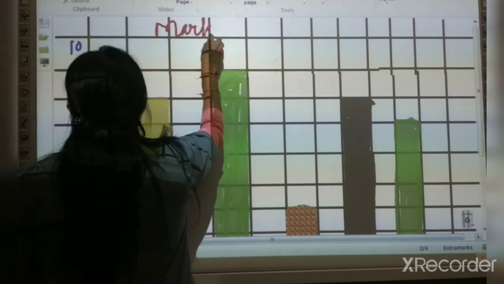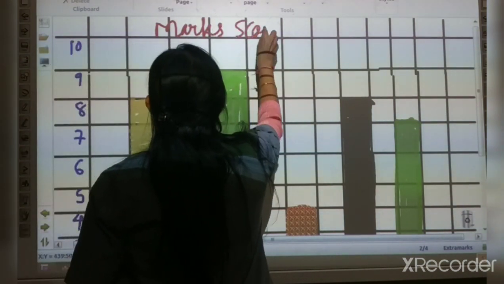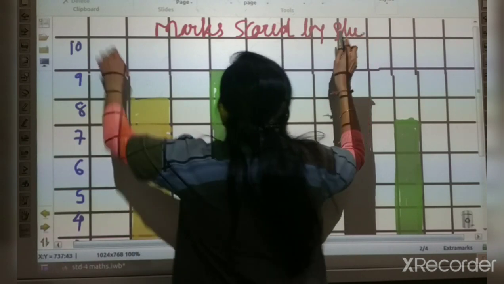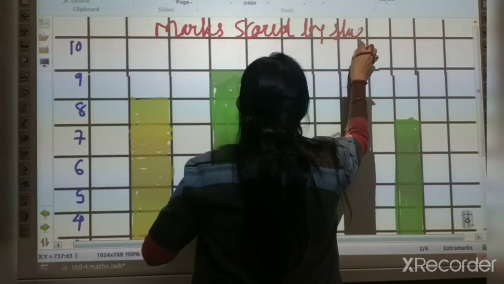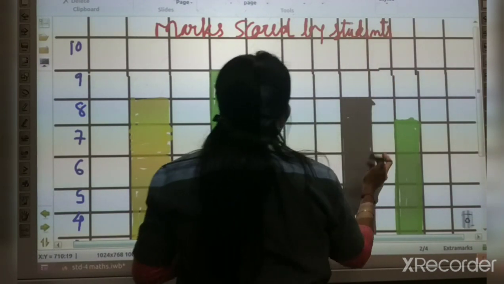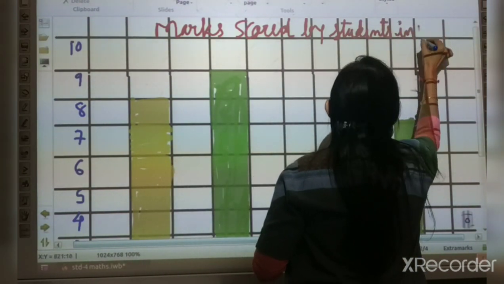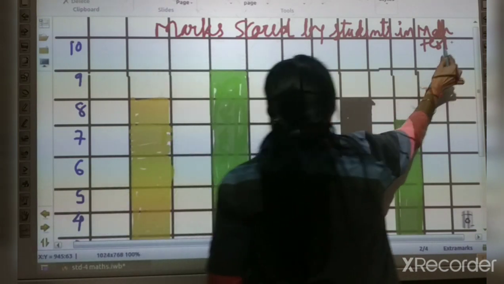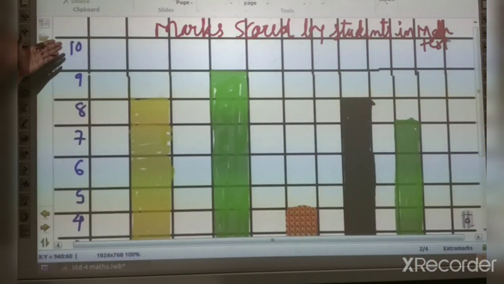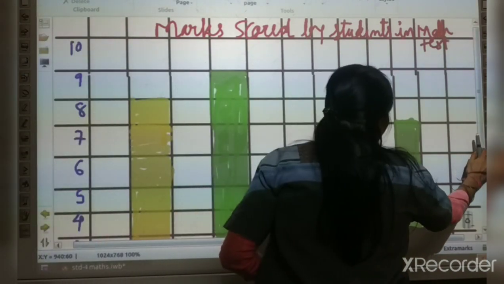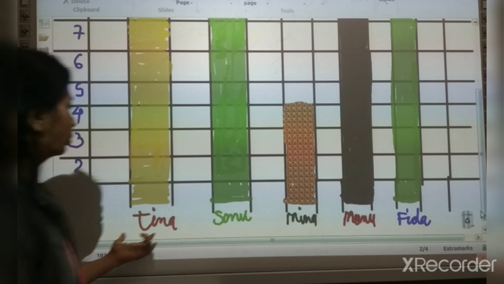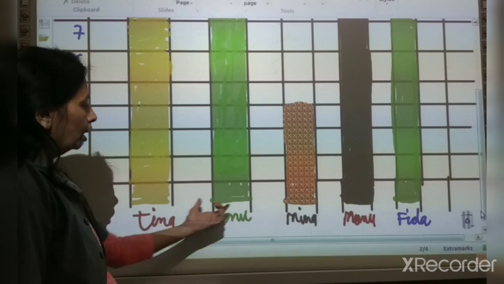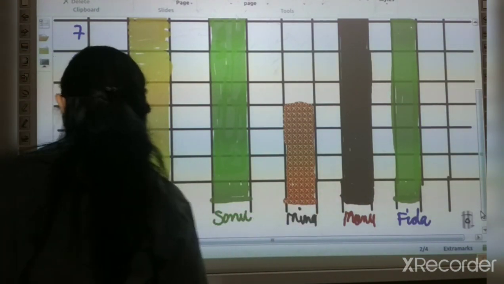Look here, marks are given on one side and students' names on the other. There are 5 students: Tina, Sonu, Meena, Monu and Fida.